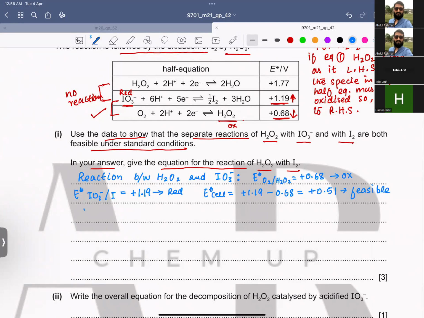Now let's have a look at the reaction between hydrogen peroxide and iodine. For this case, if you look, we have iodine on the left side, right?